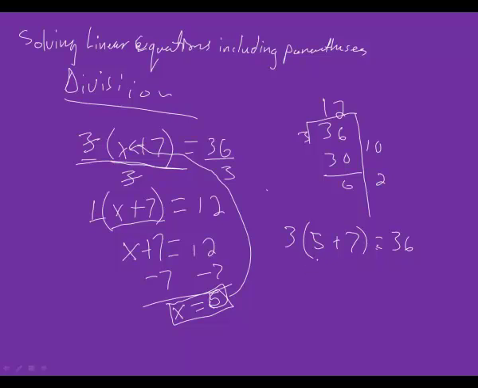Alright, so using PEMDAS, we have 5 plus 7 is 12 times 3. 3 times 12 is 36. And 36 equals 36, which is a true statement, so x equals 5 checks.